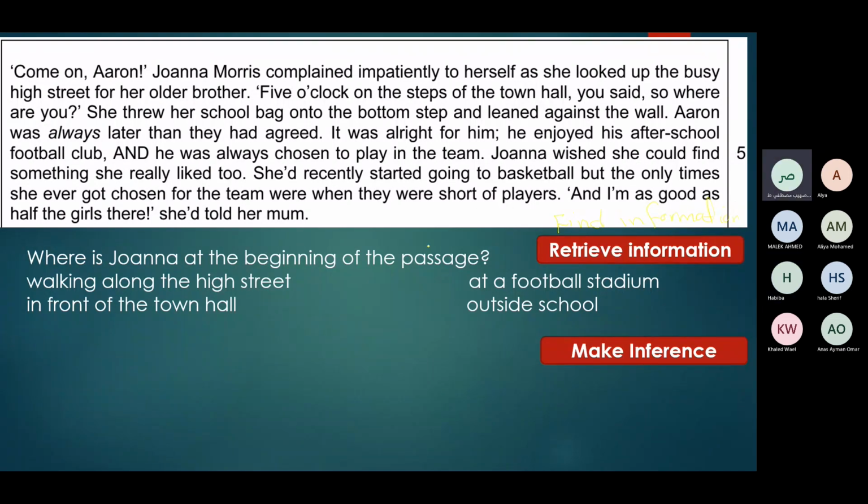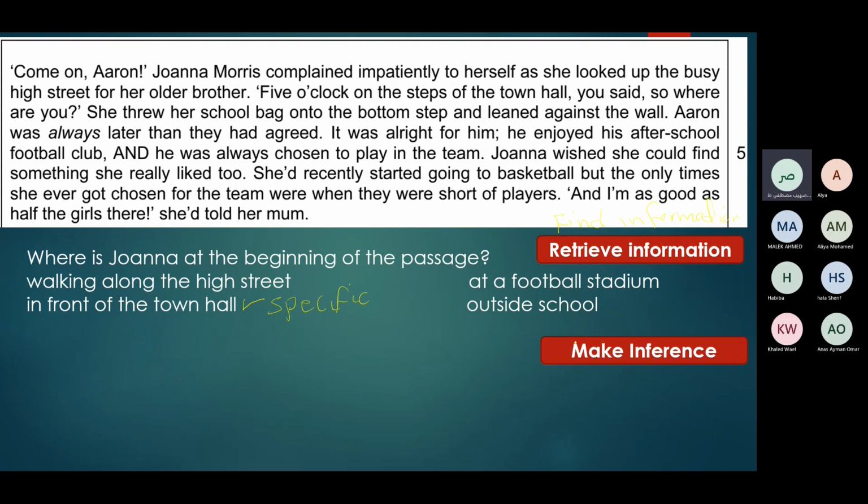Yes, exactly. So here is a tricky part. It gave you two places, High Street and the town hall. But the town hall is the correct option because it is the specific place they are standing. Okay, I got the answer from the text directly. This is one type of question. You don't need to do anything except copy the answer from the text.